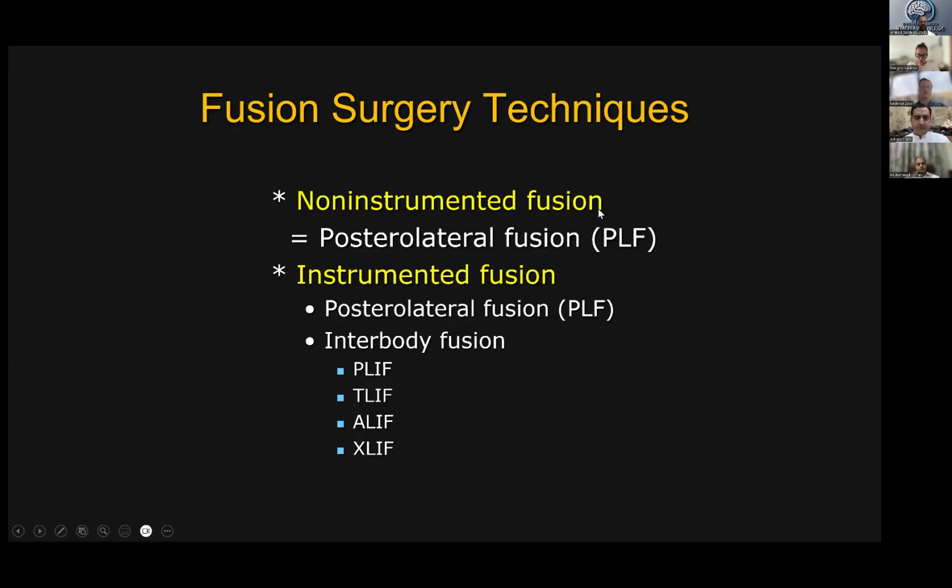What about fusion surgery? There are many non-instrumented fusions, which we used to do many years before. Nowadays, many surgeons do not prefer it. Instrumented fusions, mostly with pedicle screw fixation, but then the grafts can be placed on posterolateral or interbody.